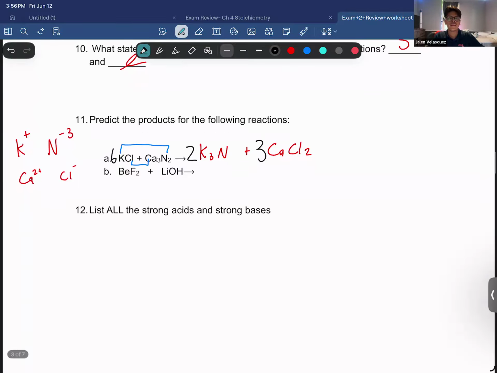Okay, everybody good with that? I'm gonna skip part B just because I think we have done that a couple times by now.